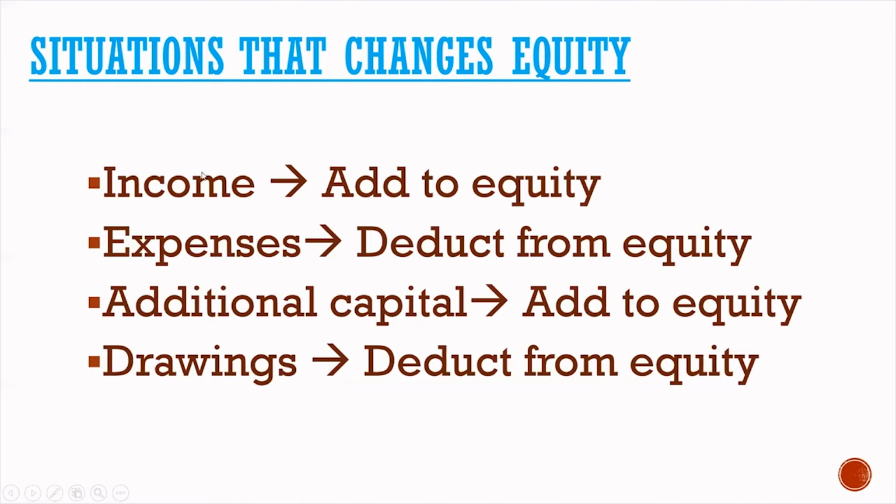If we have an income, we add it to the equity. If there are expenses, if we pay for the expenses, we deduct it from the equity. And if the owner is giving us additional capital, you have to add it to the equity. While when the owner takes funds from the business for his own personal use, we call that drawings. We have to deduct that from the equity.